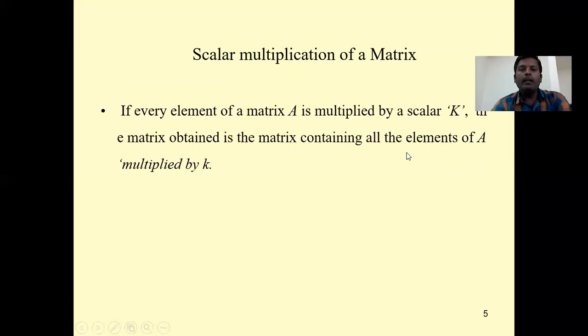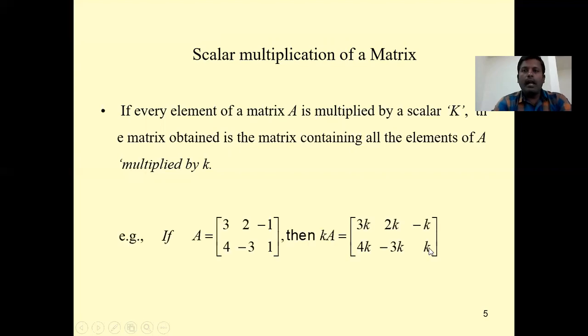For example, if A is equal to 3, 2, minus 1, 4, minus 3, 1, then kA. Observe here that k means the scalar value. We multiply with k, so write k into A. A is already given as 3, 2, minus 1 and 4, minus 3, 1. Then kA is equal to 3k, 2k, minus k, 4k, minus 3k and k.